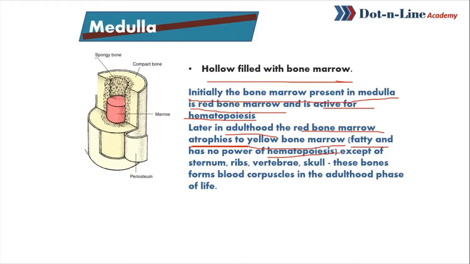It is a very beautiful question that comes in exams: at the age of 25, 30, 35, or in adulthood, at what places does the genesis of blood corpuscles, hematopoiesis, take place? The answer will be sternum, ribs, vertebra, skull. Not the femur, but in the initial phases the femur will be the answer.